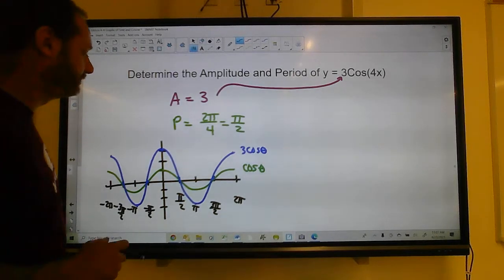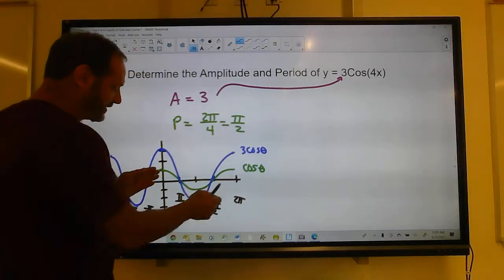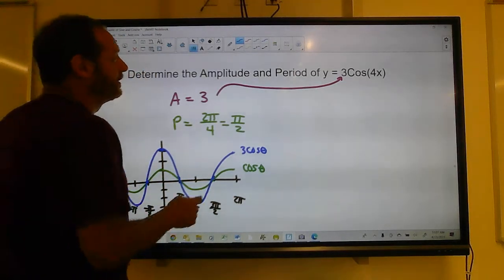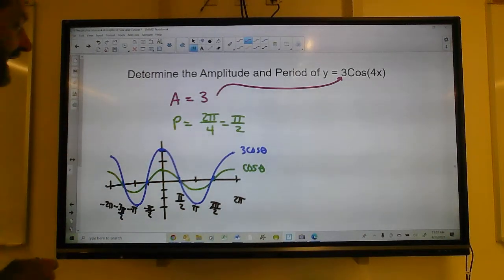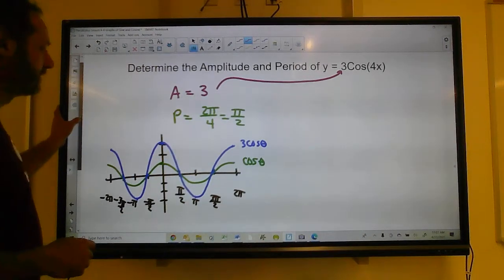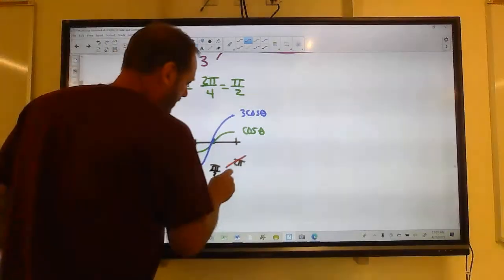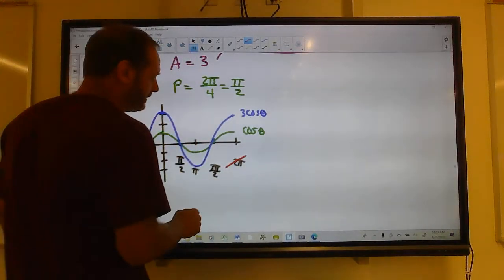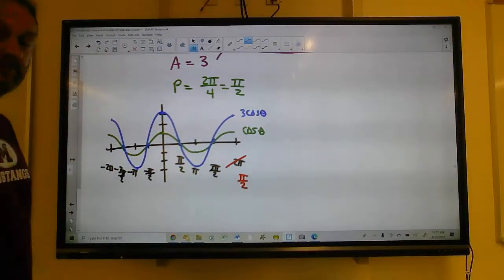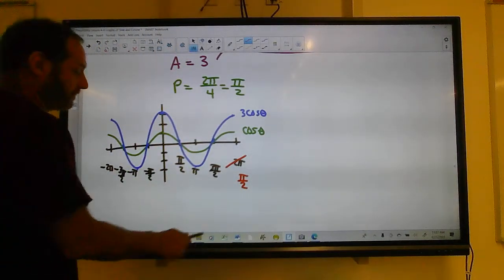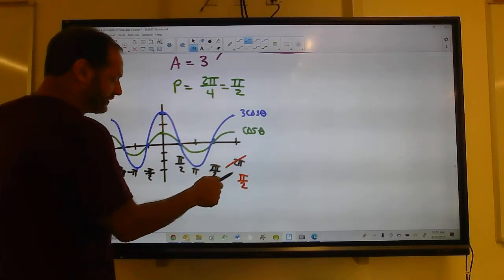And here's what you do. Remember, the period on this is 0 to 2 pi, right? So what I can do, if the period is supposed to be pi over 2 now, is change 2 pi to pi over 2. Now, on my graph, I change the scale, right?